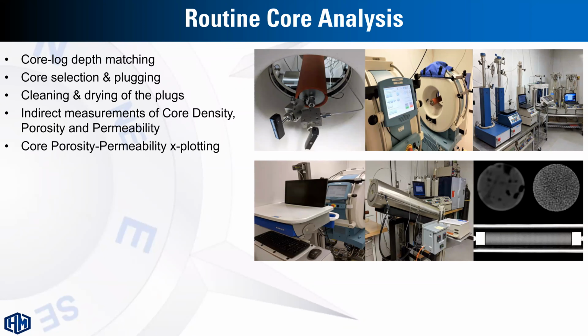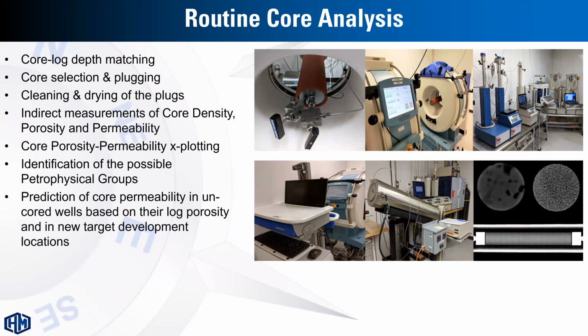And once we have routine core data, core porosity and permeability data analysis is the next step by cross plotting and data interpretation for rock typing and classification of reservoir flow units, and to identify the different petrophysical groups.